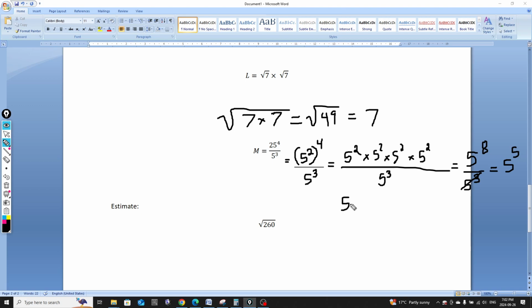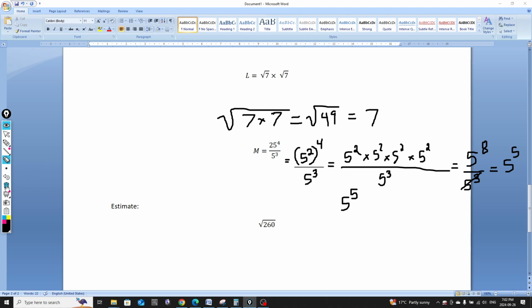If you were to lay this out as 5 times 5 times 5 times 5 times 5 times 5 times 5 times 5, and in your denominator 5 times 5 times 5, and then cancel out one 5, another 5, and a third 5, you'll find that you have 5 5s left in your numerator. So that's going to be 5 to the power of 5.